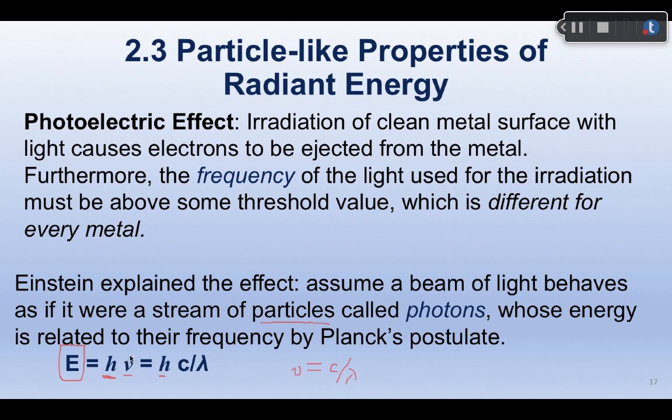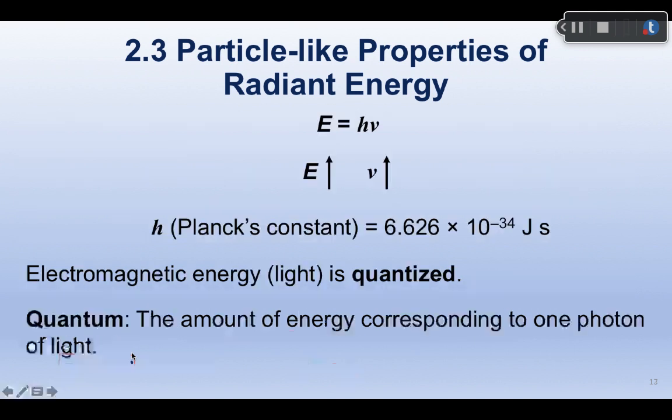Okay, so Planck's postulate tells us that the energy is related to the frequency by Planck's constant. And Einstein figured out that if they were behaving like photons, their energy could be related to that frequency. So as the energy went up, the frequency went up, related by Planck's constant.